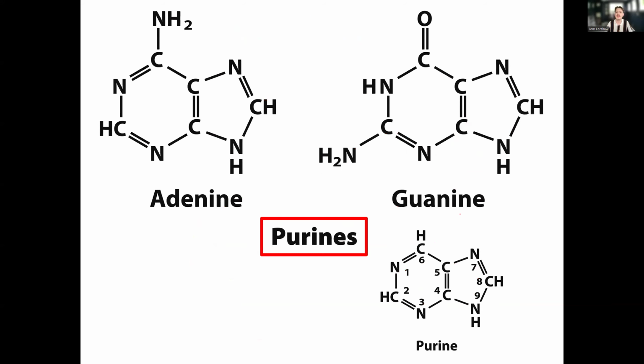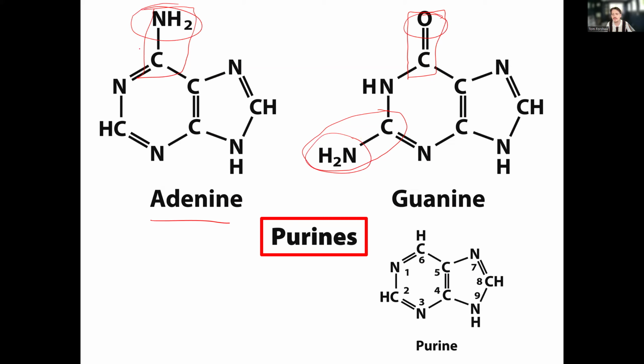So this is the structure of the 2 purines. Like I said, they're based off the structure of purine here. The difference is that for adenine, at position 6, you have this amine group. And for guanine, at position 6, you have a carbonyl instead, but you have an amine at position 2. Now, the way that this is going to change things: think about amine groups and carbonyl groups.